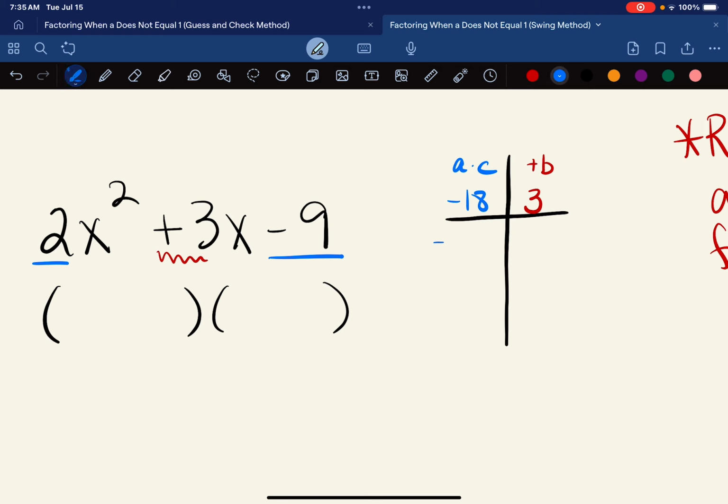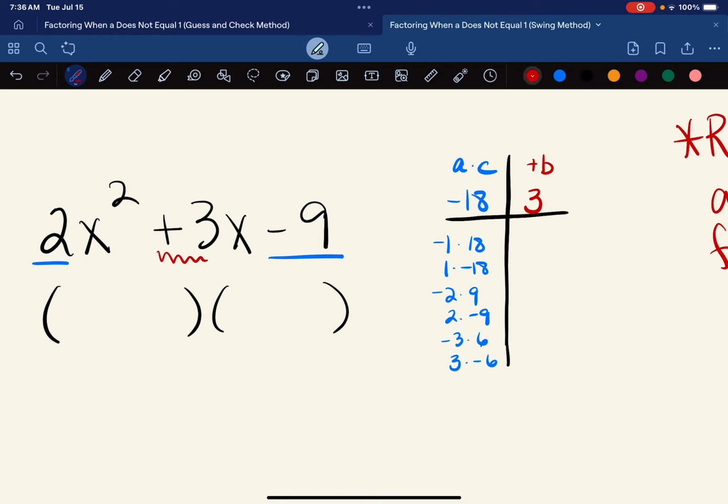We have negative 1 times 18, or positive 1 times negative 18. We can do negative 2 times 9, or positive 2 times negative 9. We also have negative 3 times 6, or we can do positive 3 times negative 6. Those are all of the factors of negative 18.